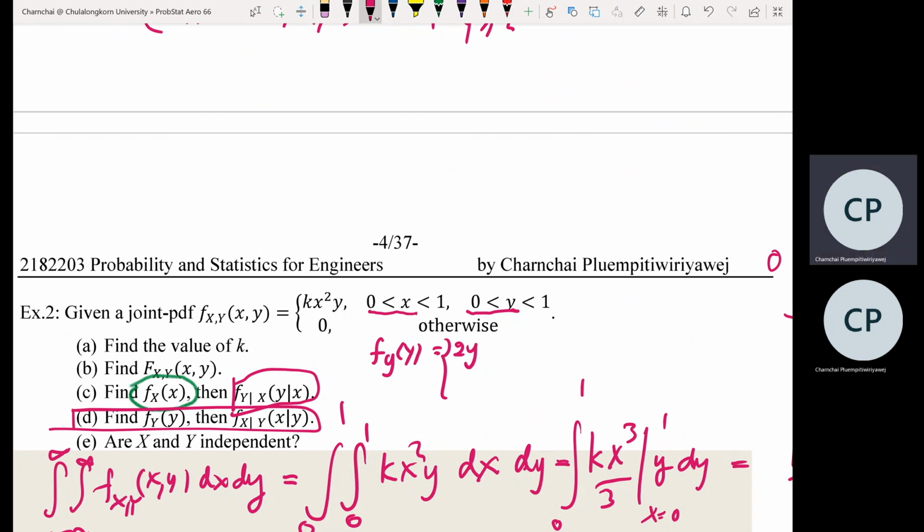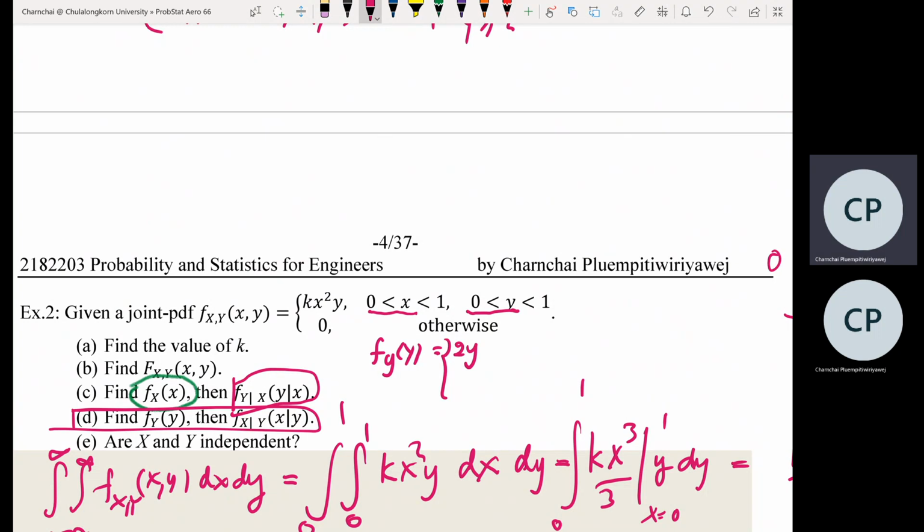It's 2y for x between 0 and 1 and y between 0 and 1.